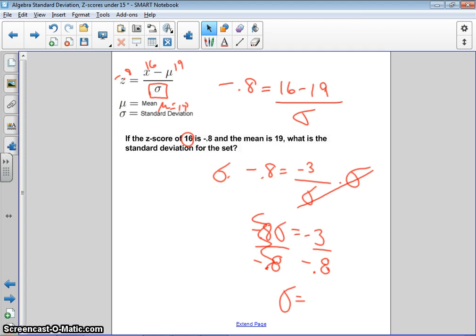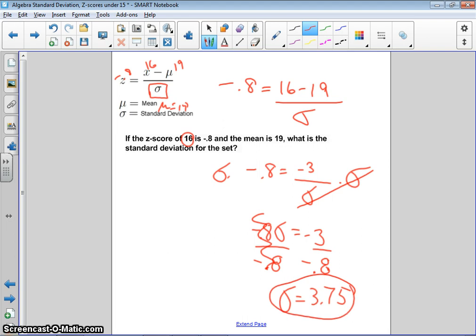And I consult my friendly calculator to do negative 3 divided by negative 0.8. And I get 3.75. So the answer is that the standard deviation for this problem is 3.75.